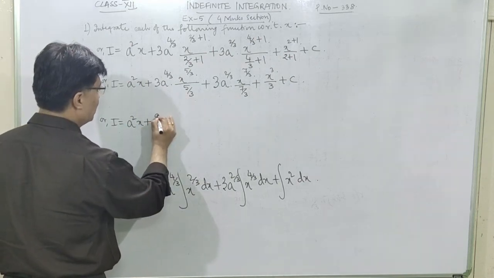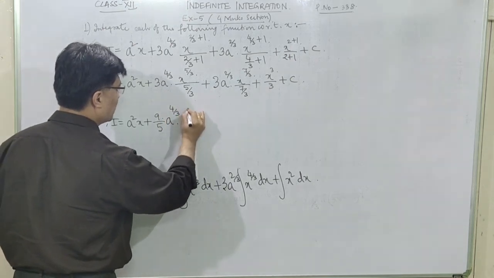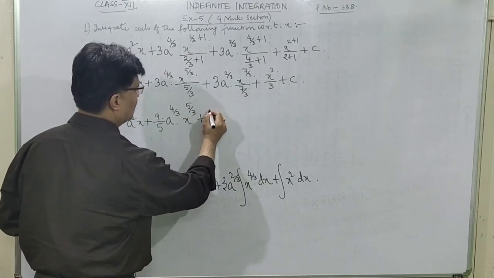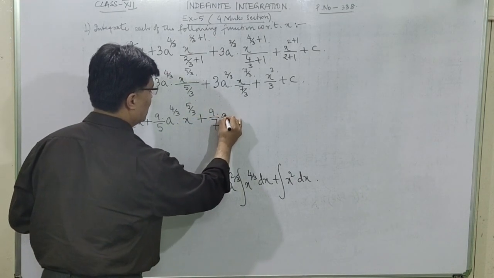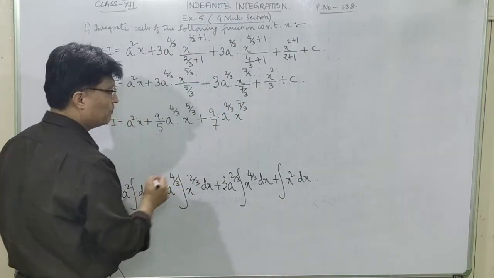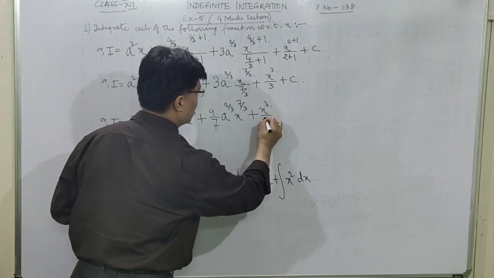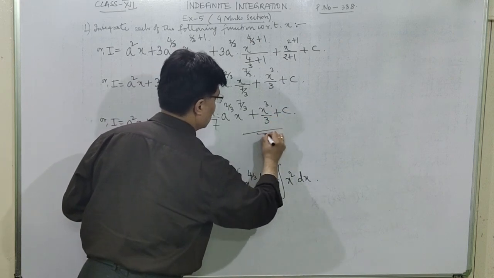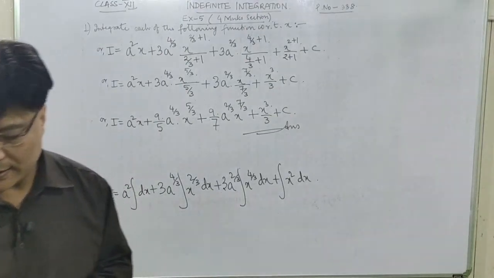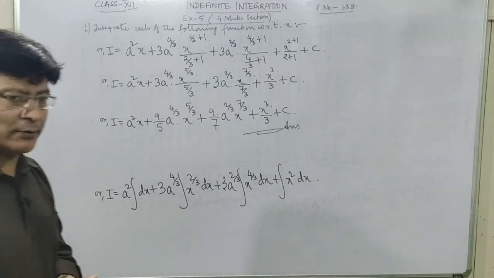So 3 3s are 9, 9 by 5 a to the power 4 by 3 into x to the power 5 by 3 plus, next this is 3 3s are 9 by 7 a to the power 2 by 3 x to the power 7 by 3 plus, what is the last one here? This is x cubed by 3 plus c. So this is the final answer. So I think you have understood it. So you can copy it. Now we'll do the next problem.